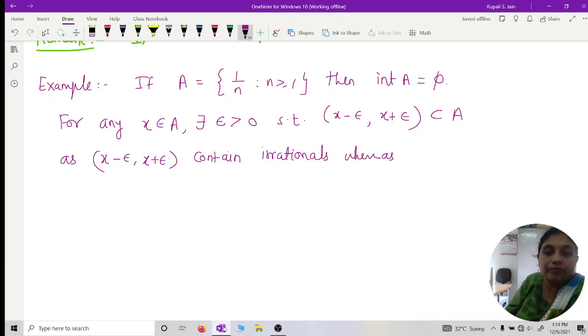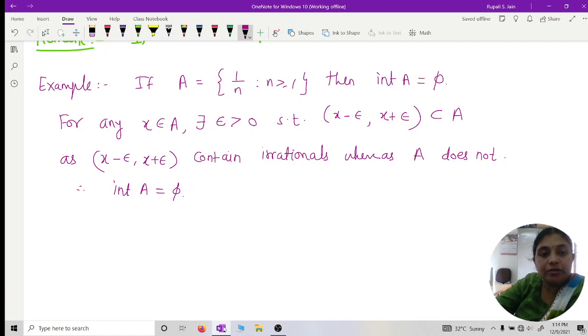Whereas A does not. Therefore, the interior of A must be the empty set. We know that every open interval, however small, contains rationals as well as irrationals. Okay, we already proved it.